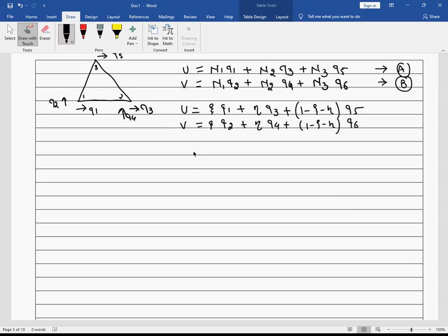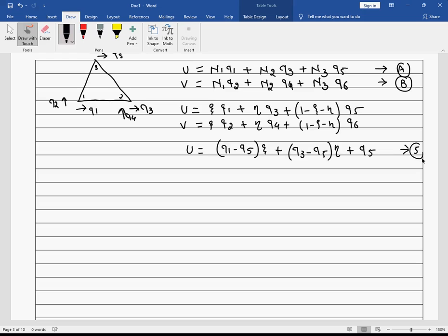Okay, so by solving this again, I get U equal to (Q1 minus Q5) zeta plus (Q3 minus Q5) eta plus Q5.